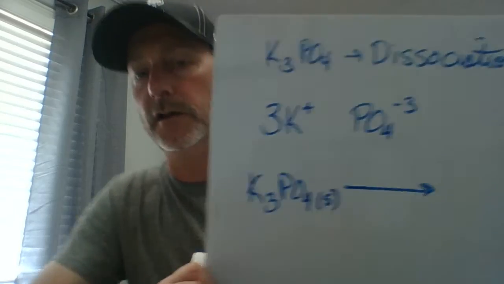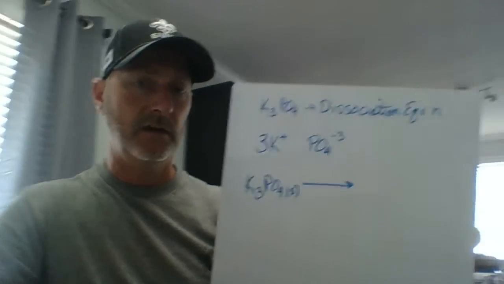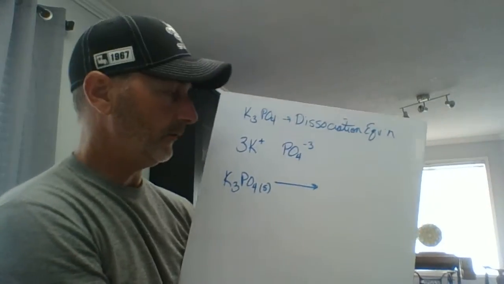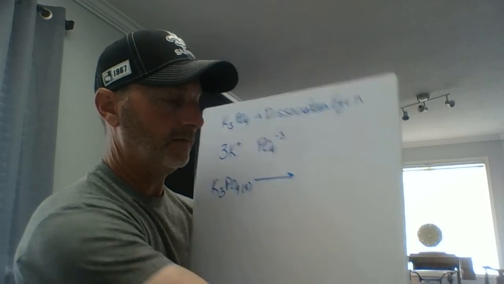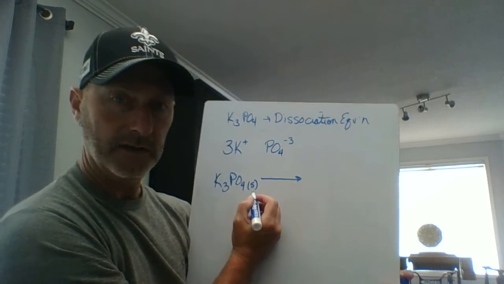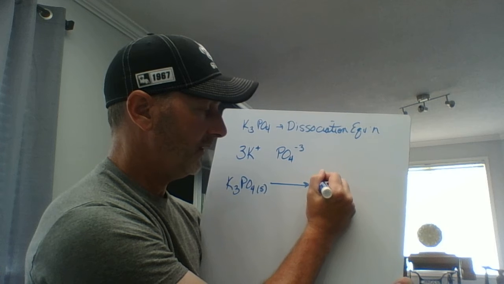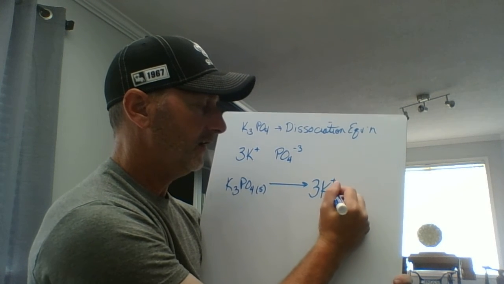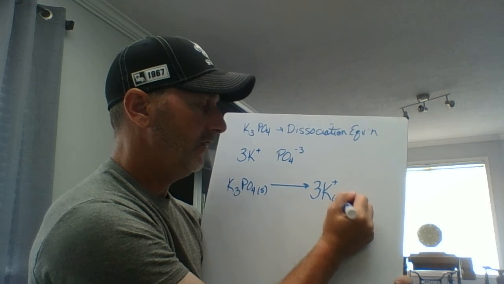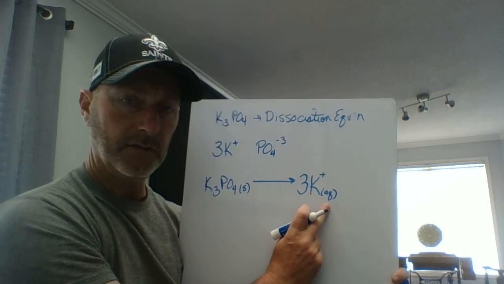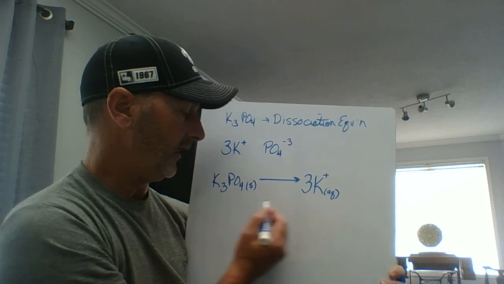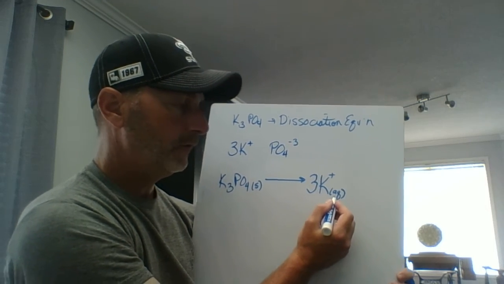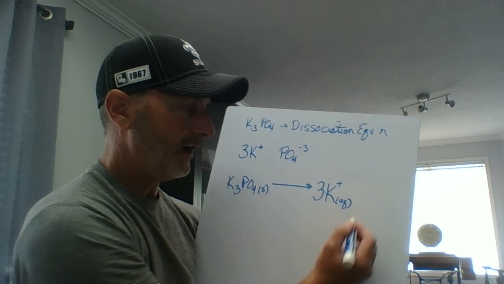So here's what I'm going to do. I'm going to take this K3PO4, and I'm going to dissociate it. So I'm going to break it into its individual ions. This is a solid, and now I'm going to change it. So I'm going to have 3 K⁺ ions, and there is my suffix, there's my little state of matter indicator, moving from a solid to an aqueous ion.